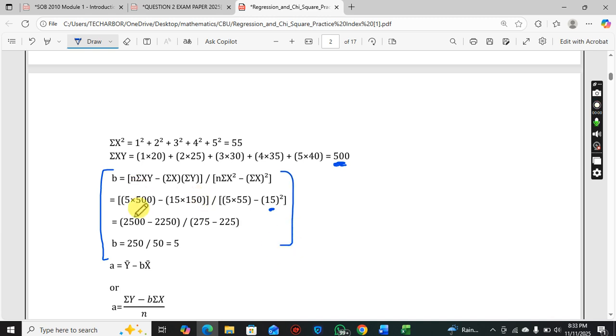So this is the tabulation of our slope. N is 5. Sigma xy is 500. Sigma x 15. Sigma y 150. N again 5. Sigma x squared 55. Sigma x 15, which is going to be squared.